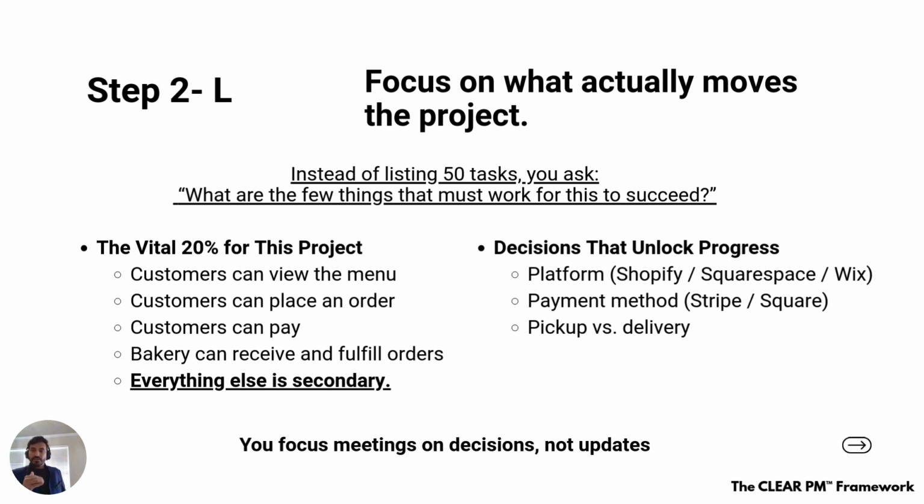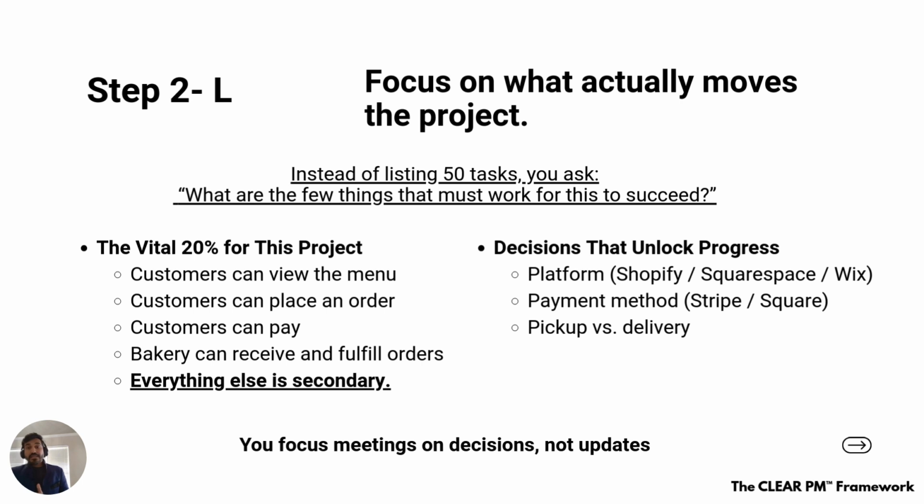Our bakery owner, who is the sponsor, is thinking this is what I want, and everything else is secondary. These are the three things we need to do. If I move away from this 20%, probably I will not be able to finish on time.